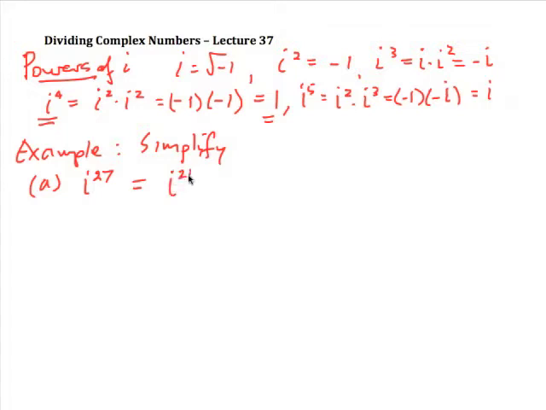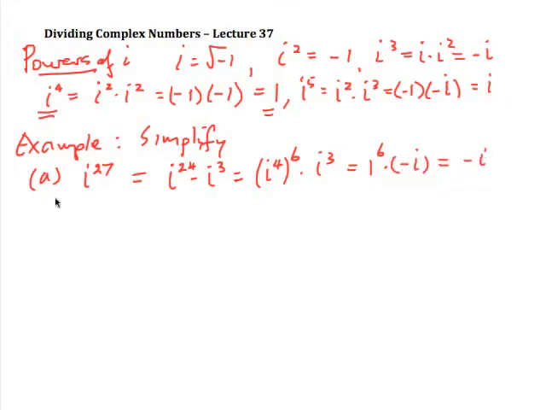So why don't I do i to the 24 times i cubed using the exponent rules. This would be i to the 4 to the power of 6, 4 times 6 is 24, times i cubed. Now i to the 4 is 1, so it's 1 to the 6 times i cubed. Well, we know that's -i, so this would in fact be -i.